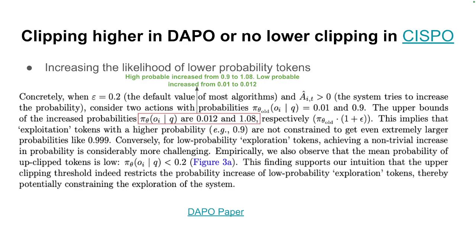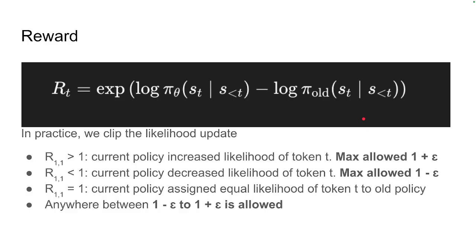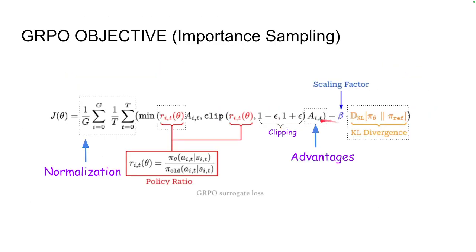Hence, in the paper, they suggest to have the higher clipping be higher than the lower clipping. So if we go back here, this epsilon and this epsilon are the same, which is generally taken as 0.2 in GRPO, but in the DAPO paper, they would take this to 0.28 and this was 0.2 as per the paper.